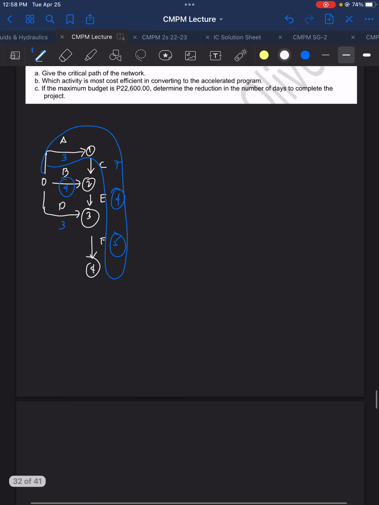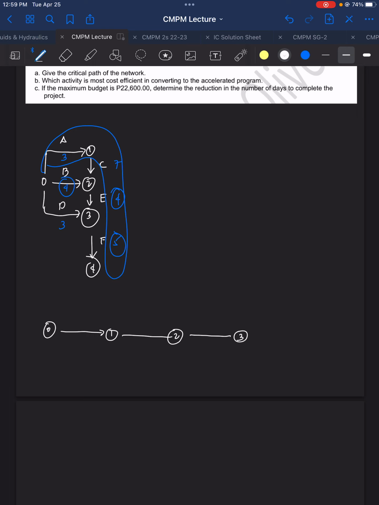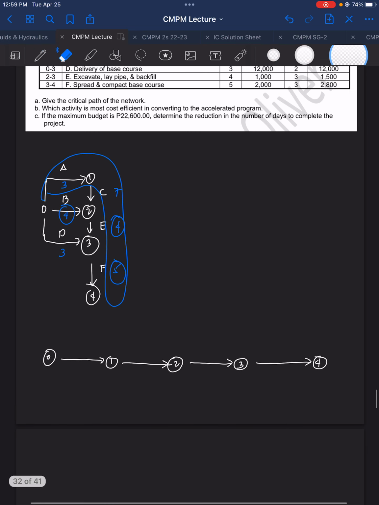So I will just arrange our diagram. 0, 1, 2, 3, and then 4. So this is longer.